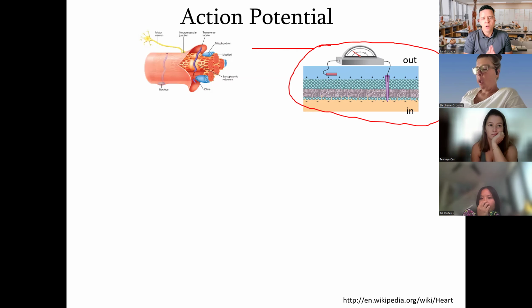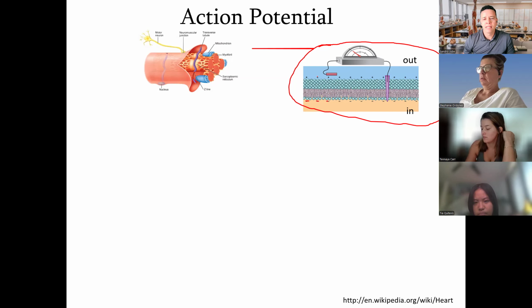Very important. When the skeletal muscle cell is at rest, meaning relaxed, the polarity inside of the cell is negative. We can see right here it is negatively charged inside of the cell, while outside of the cell is positively charged. This is what we call the resting membrane potential.